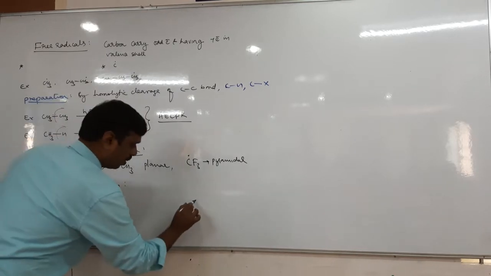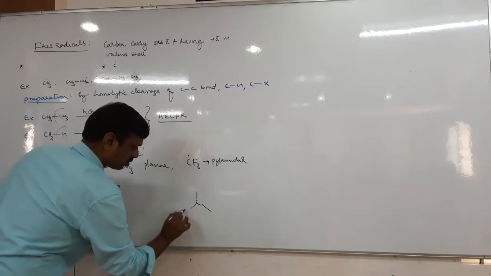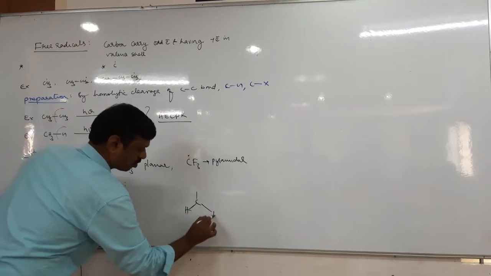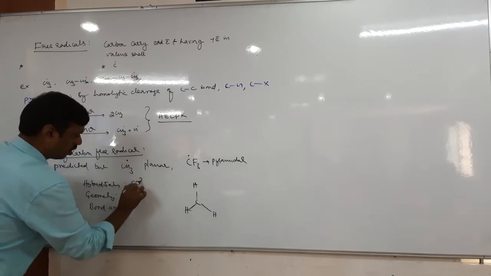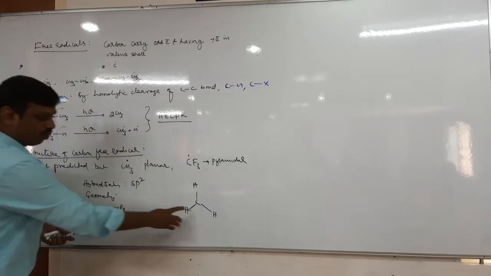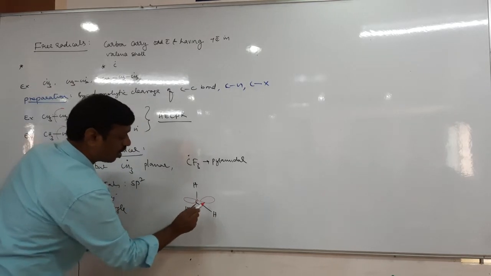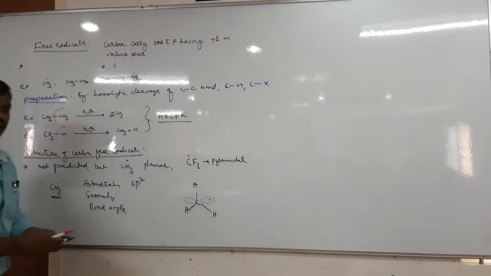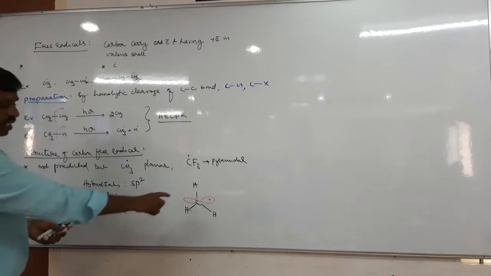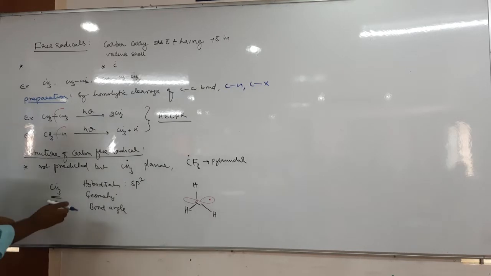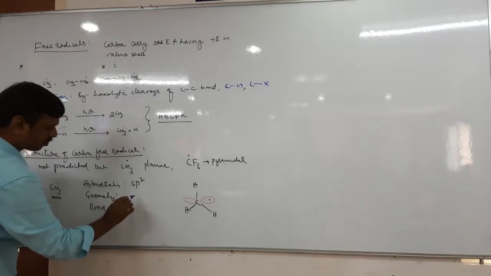Carbon has 3 bonds, with the 3 hydrogens, which undergo sp2 hybridization, 1, 2, 3 bonds, but there is one odd electron, a free electron, which is in one orbital. Due to this single electron, the angle is supposed to be 120, but it comes out less than 120.